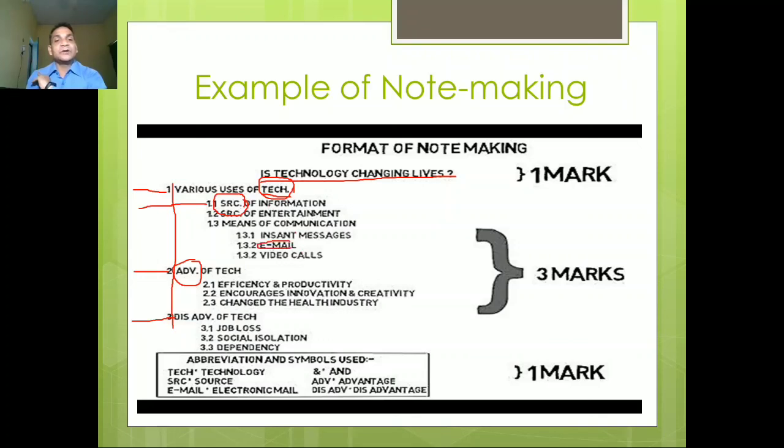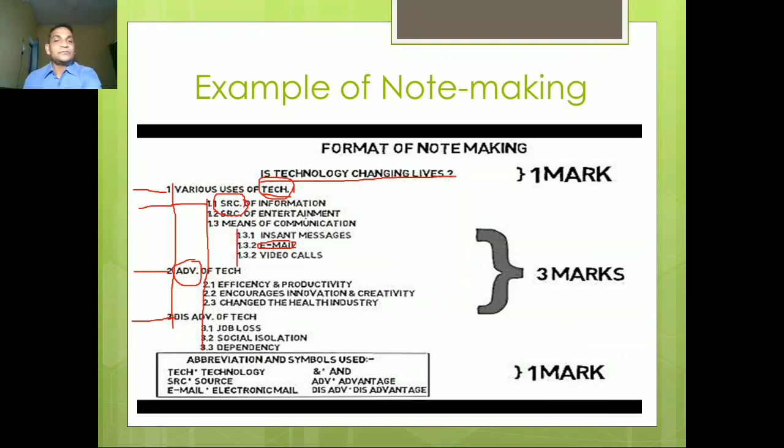Email is also an abbreviation. It stands for electronic mail. So 1.1, 1.2, 1.3, 2.1, 2.2, 2.3, 3.1, 3.2, 3.3, and they are equally indented. Equal indentation should be there for all the points, for all the subtitles, and for all the subpoints.